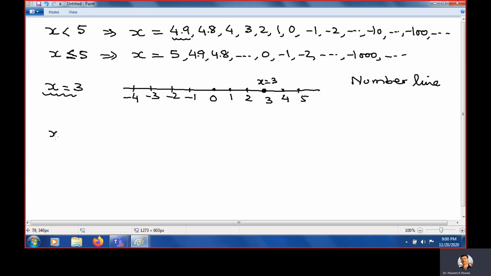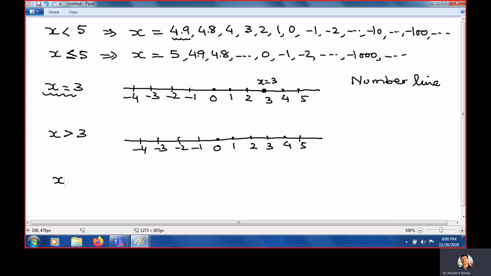But if I am writing x greater than 3, what is the meaning of this on the number line? Because we need to draw the graph also. That we will learn here. It will be 1, 2, 3, 4, 5, and this is -1, -2, -3, -4.